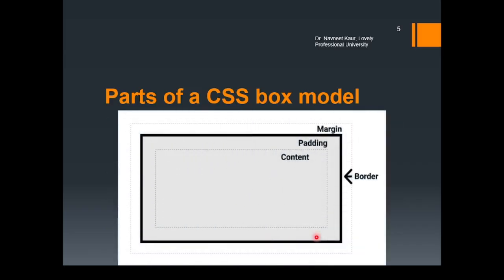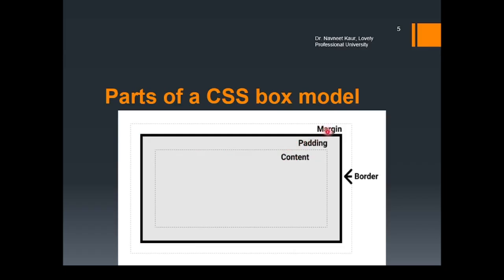This is how a CSS box model looks. You can see that there's a box sitting over the web page. You see a black border. Then further you have some content inside it. The distance between the content and the border within this box is called the padding.